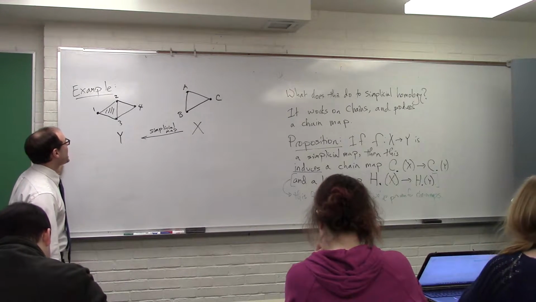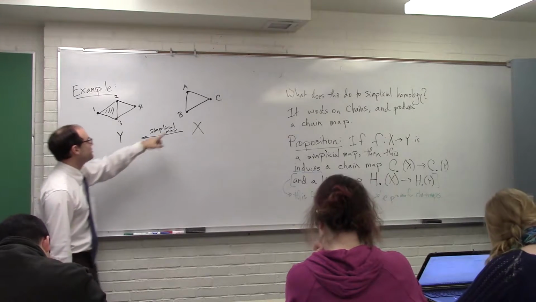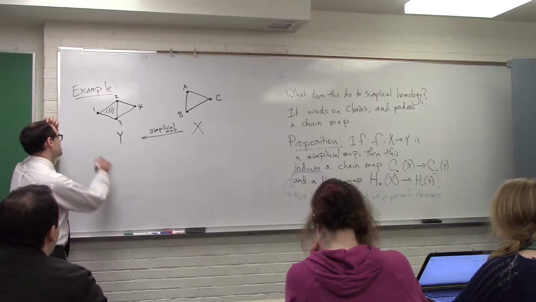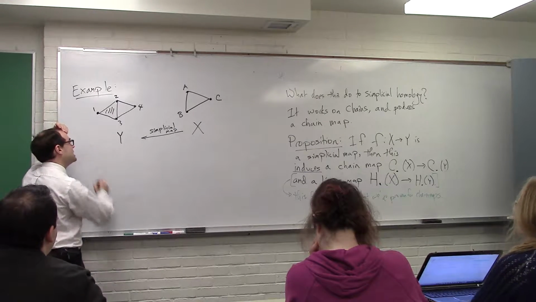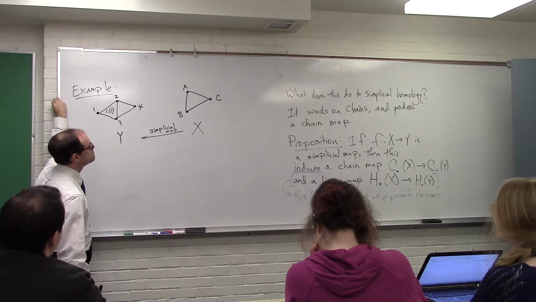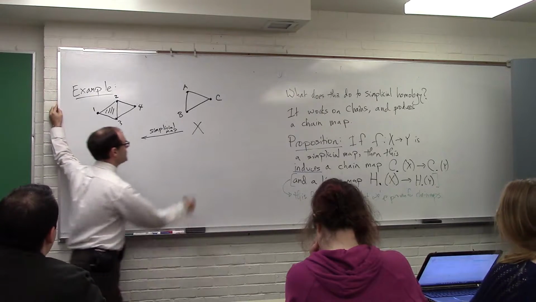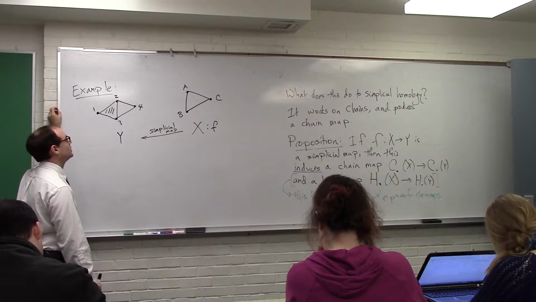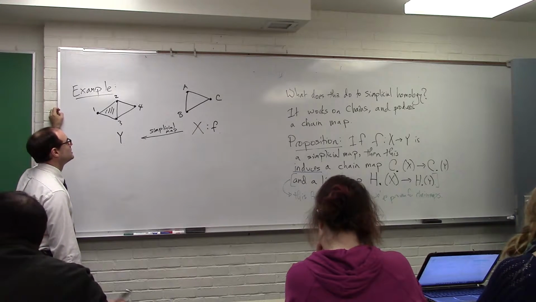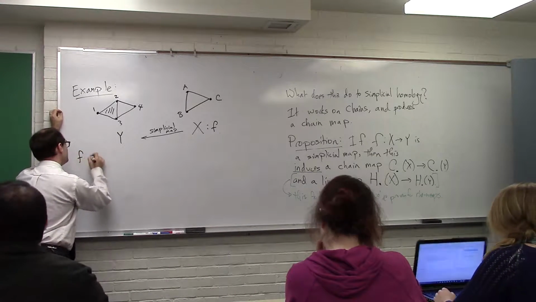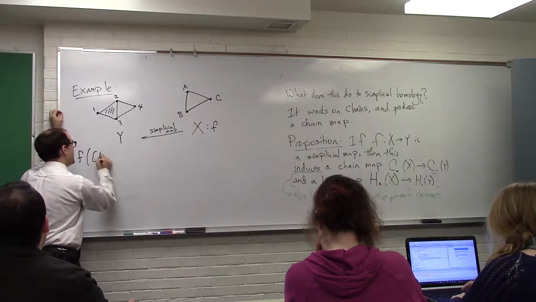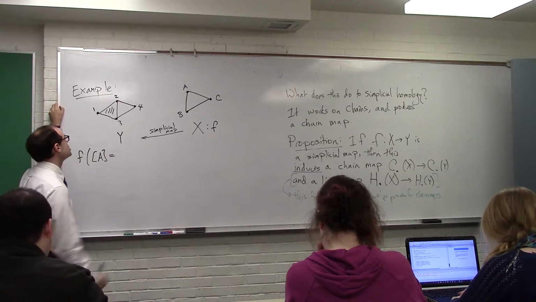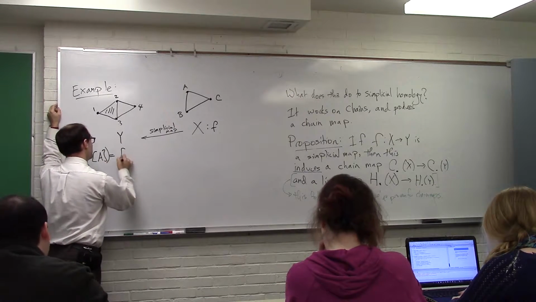So I need to tell you what's going to happen to each of these various simplices, because remember the simplicial map is on the level of each of the sets. So in particular, let's name this simplicial map F maybe? Okay. So f of, well, various things. Let's say f of A, I'll take it to 2, for instance.